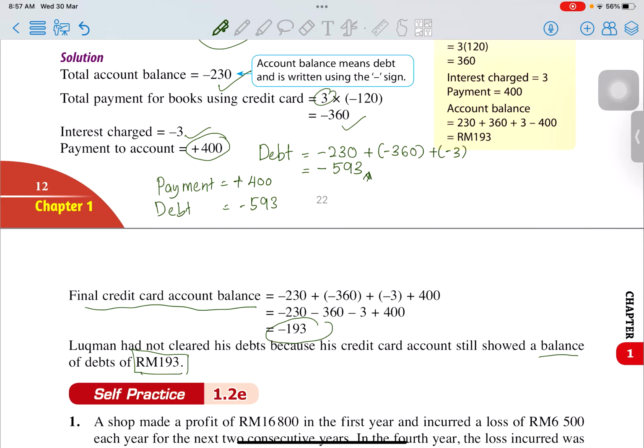When you write a sentence, do not put any negative sign. Negative shows only that he has a debt. But in your sentence you just put: still shows a balance of debt of RM 193. So that's all for today.